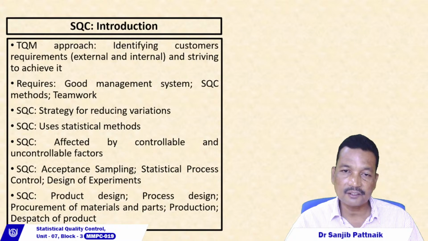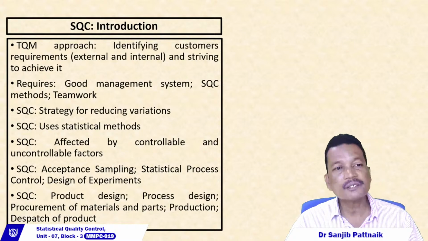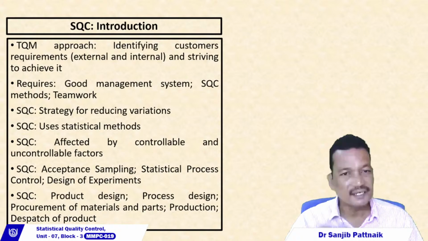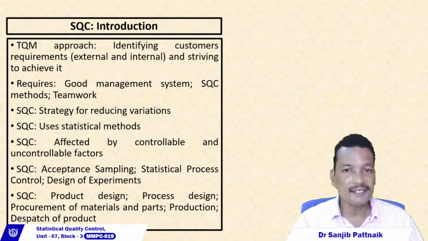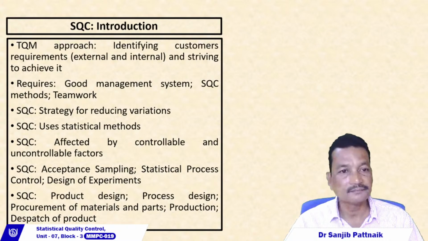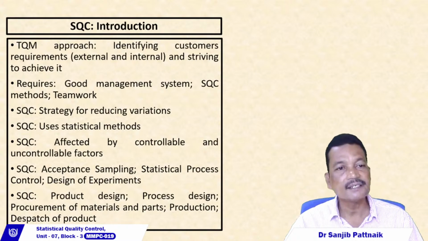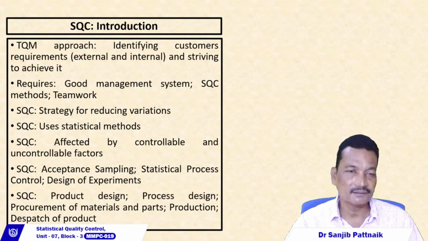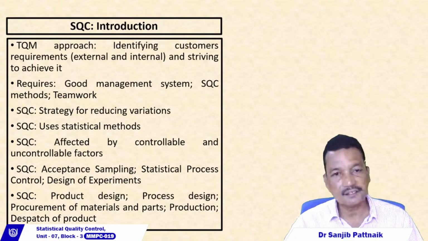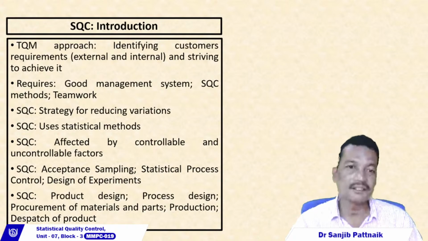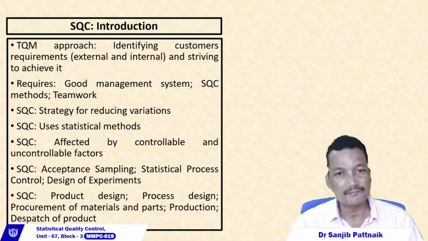Now, when we are talking of the total quality management approach, we say that it is identifying customers' requirements. Now the question is, who are the customers? We divide or segregate the customers of an organization into two segments. One is the internal customers, another one is external customers.